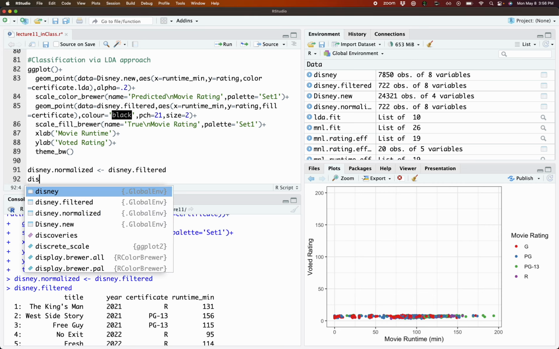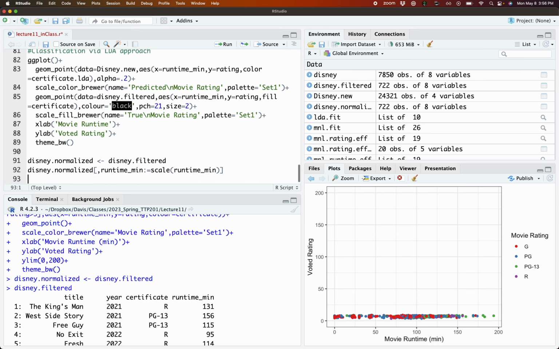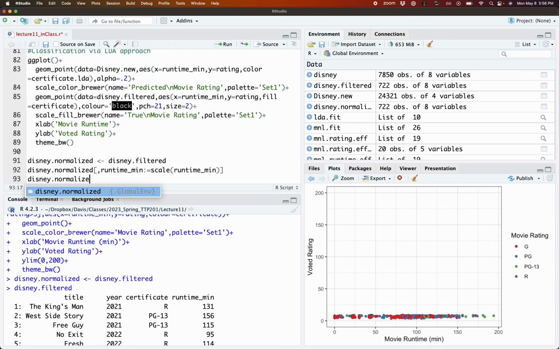This is what happens when you put me on the spot for coding. Scale runtime min and rating.